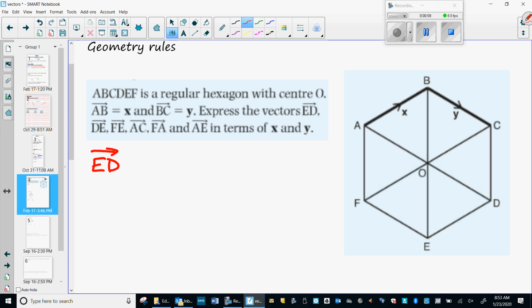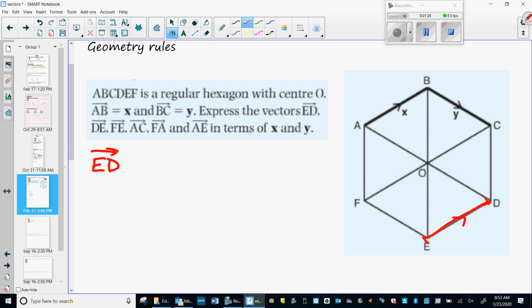So what we do is we say, right, well, where's E and where's D? Okay, so E is here, so we want to move from E to D. Can anyone suggest how we might describe that movement? Does it look like anything to do with either x or y? Can we see it looks very much like the movement that x made? Yes?